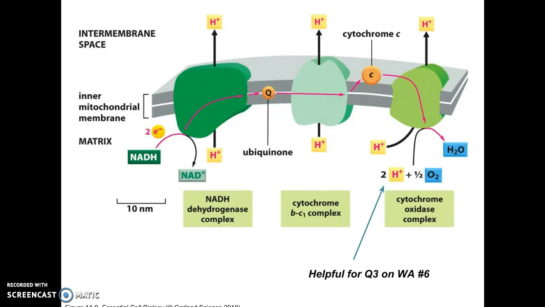And then from complex 1 to ubiquinone to complex 3 to complex 4, at each step we have the electrons falling down in energy, and that energy is used to pump hydrogens across, whether it's 2 hydrogens in complex 1, or 2 hydrogens in the cytochrome BC1 complex, or 1 hydrogen in the cytochrome oxidase complex.